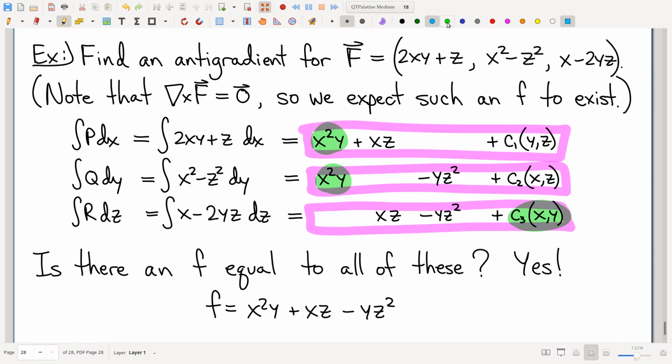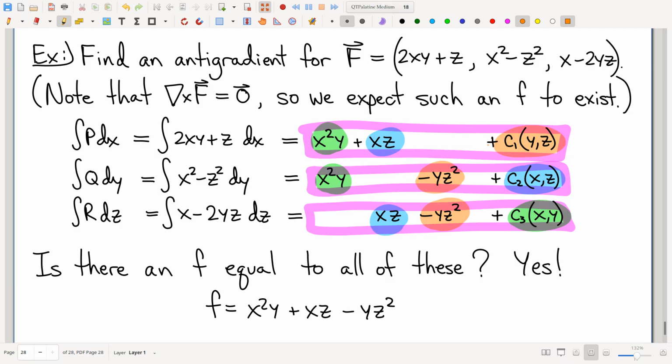And so here we go again. You see an xz, I see an xz. Hey, there's no xz in the second one. Oh, actually, you know what? Maybe there is. That's allowed to be xz. We could make this work. Right? And then likewise, minus yz squared, minus yz squared. I don't see the minus yz squared. Oh, well, maybe that's what that is.